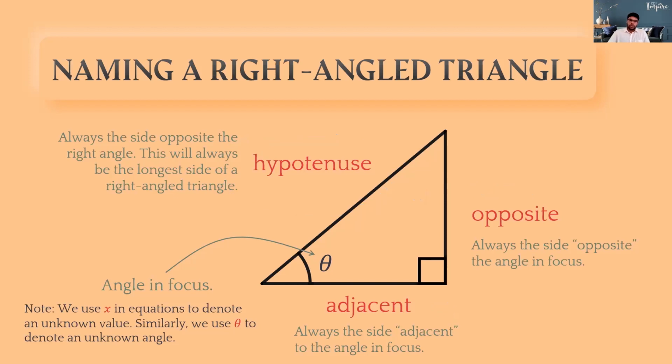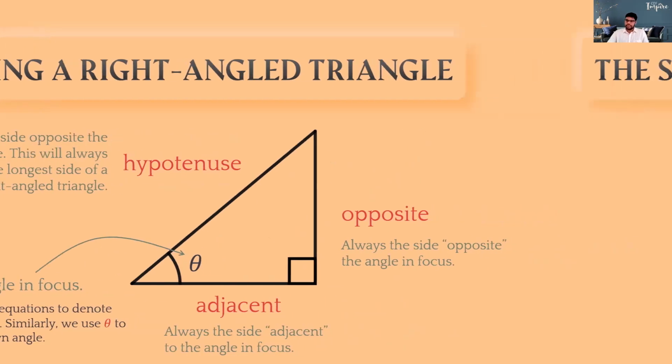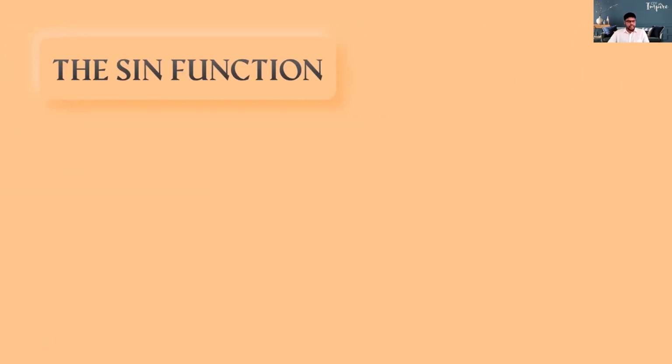So now that we know how to name a right angle triangle, let's move on to the trigonometric functions. First, we have the sine function. We have a right angle triangle here. Instead of writing opposite, adjacent, hypotenuse, I've just marked them with the letters.